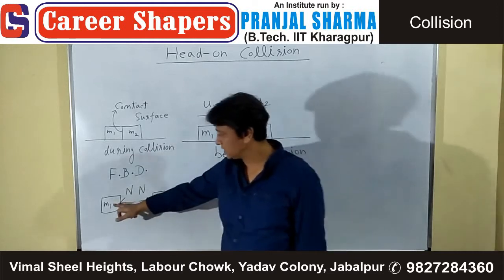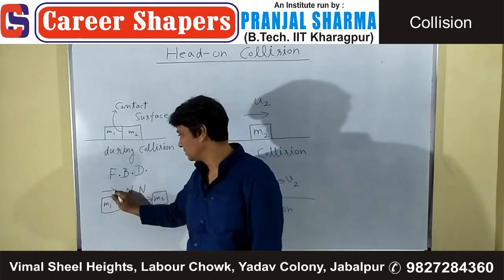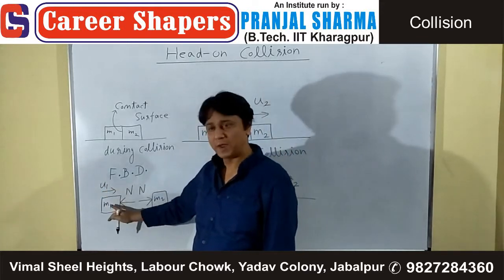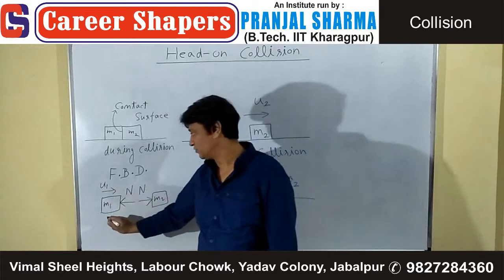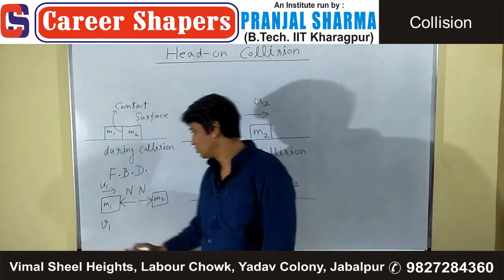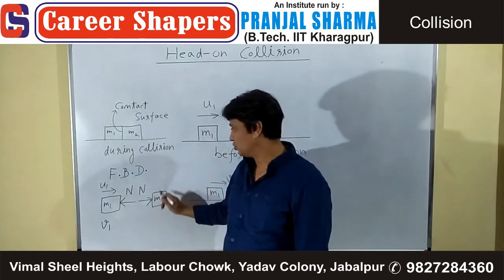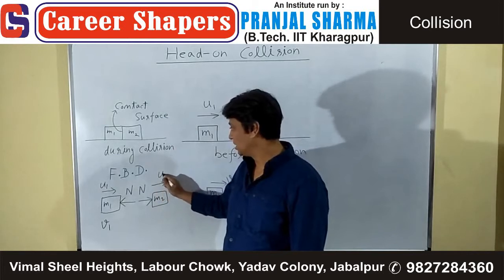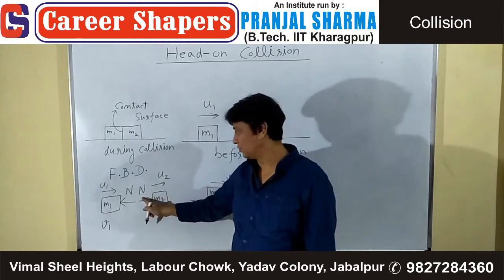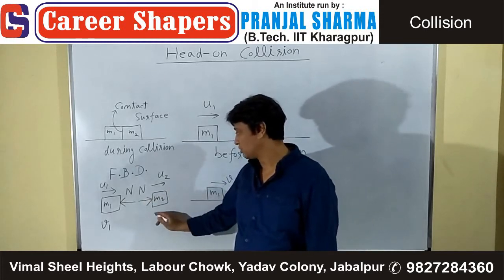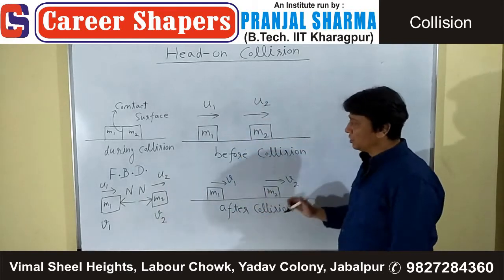This m1 was moving with u1 before impact, but due to this normal reaction N, its velocity changes from u1 to v1. This m2 was moving with some initial velocity of u2, and because of this normal reaction force, its velocity changes from u2 to v2. That's what is happening during collision.